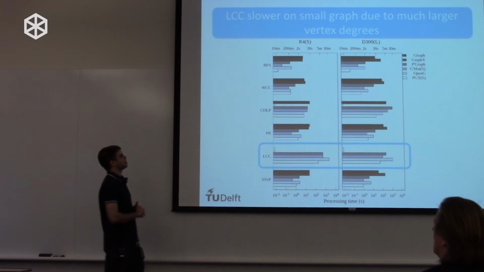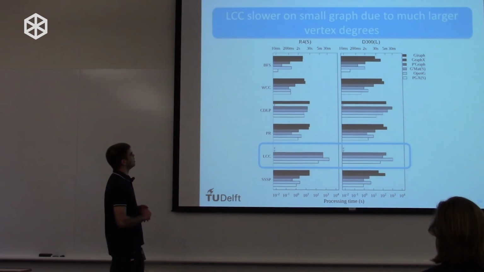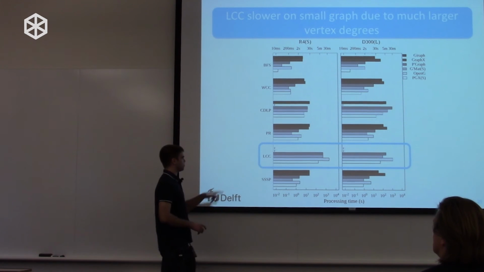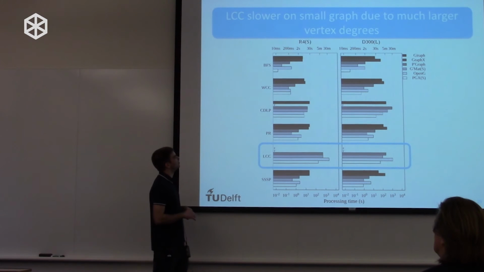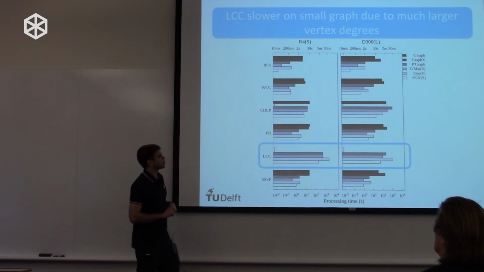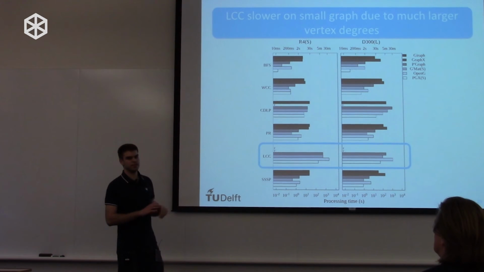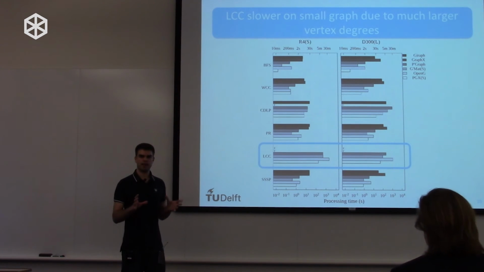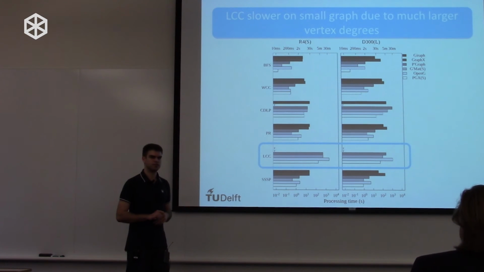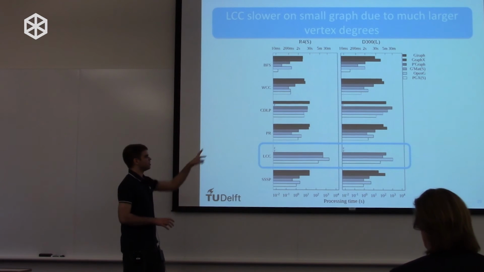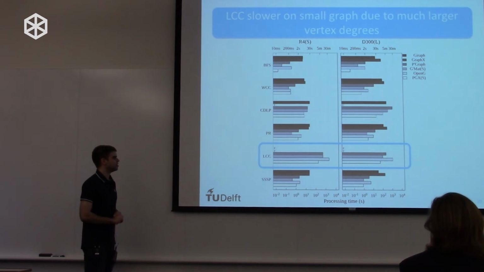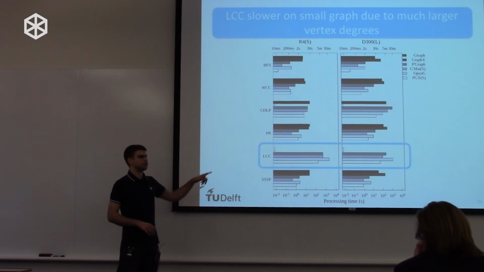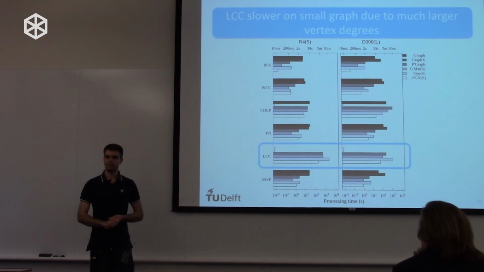A second kind of interesting result was that for one particular algorithm, local clustering coefficient, we actually found that on this small graph, where for reference, the graph on the left is about an order of magnitude smaller in terms of number of edges than the graph that's used for the right bar of results, local clustering coefficient was actually slower on the small graph.